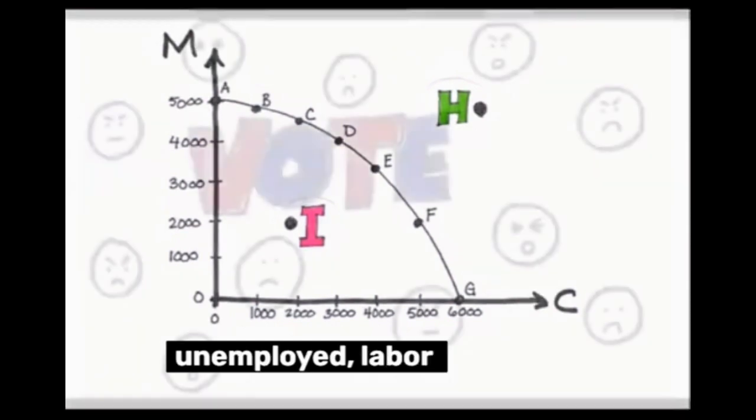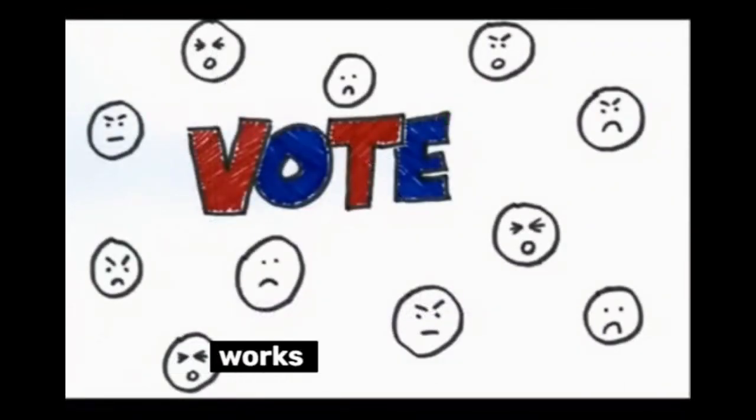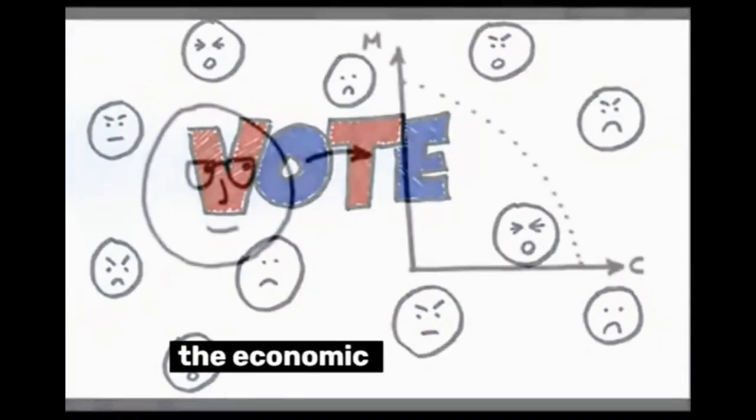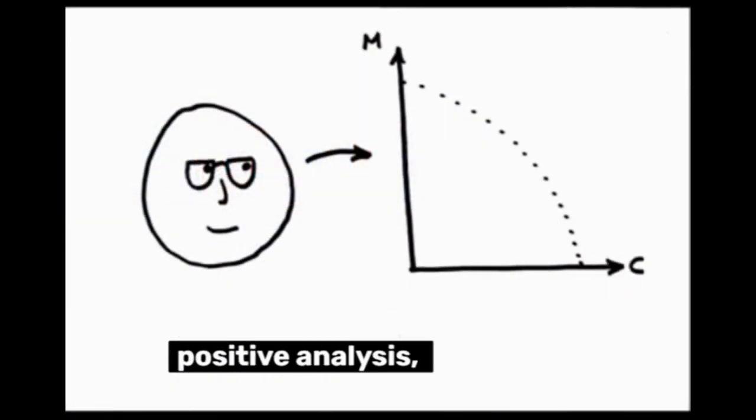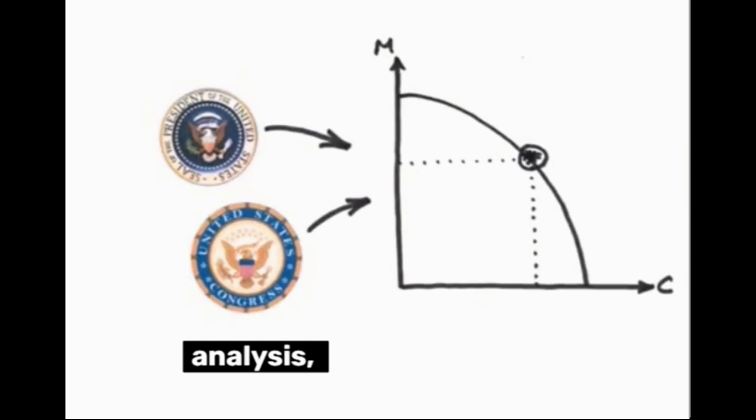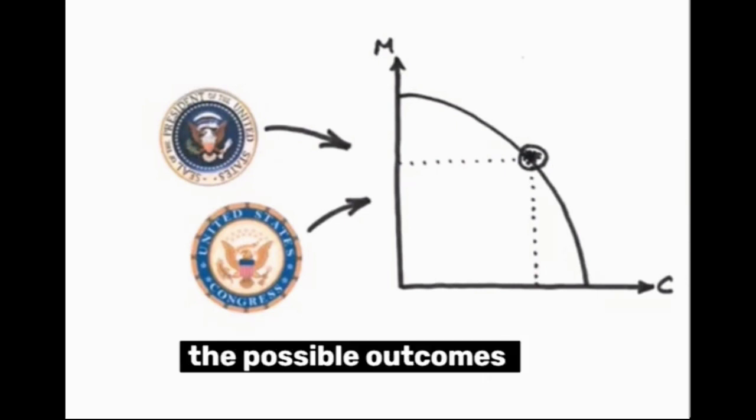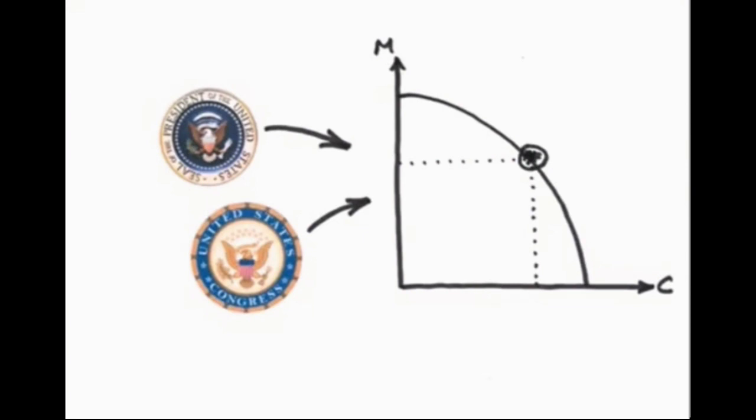More specifically, unemployed labor makes for unhappy voters. That usually works with politicians. The point is that while you, the economic analyst, do the positive analysis, ultimately the government decides where we should produce, the normative analysis. You demonstrate the possible outcomes, and it's up to the policymakers to make the final choice.